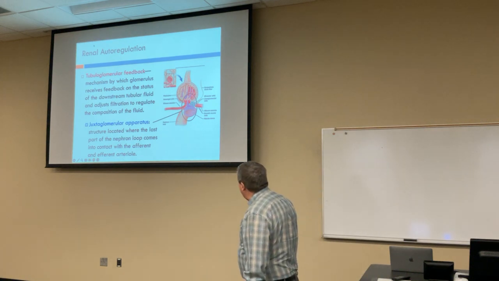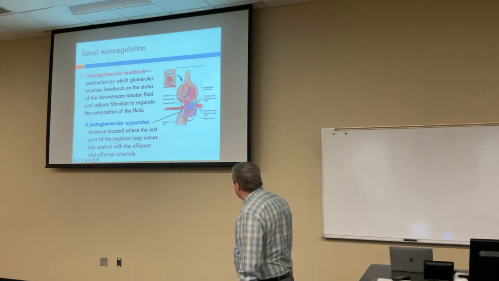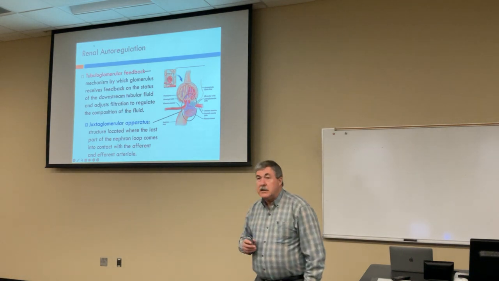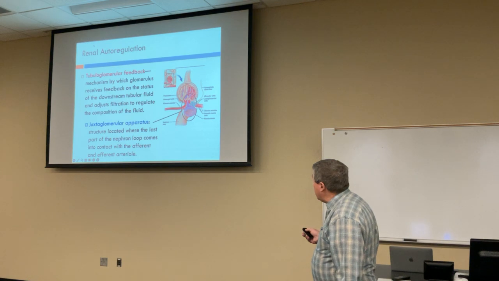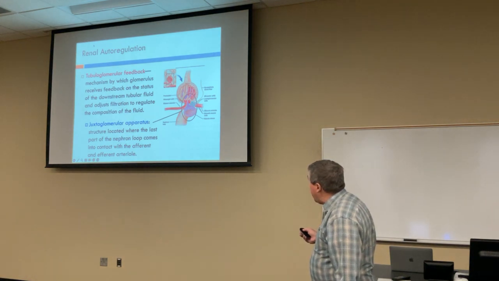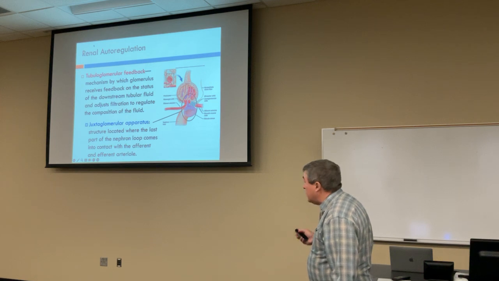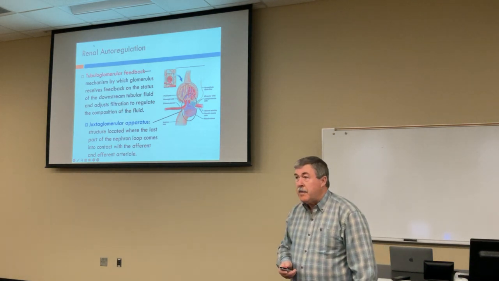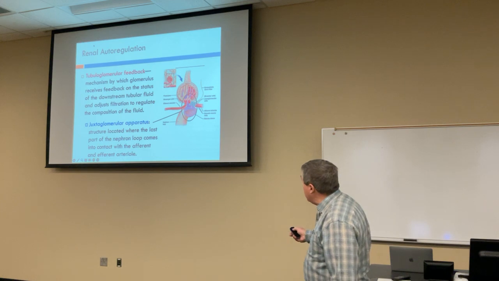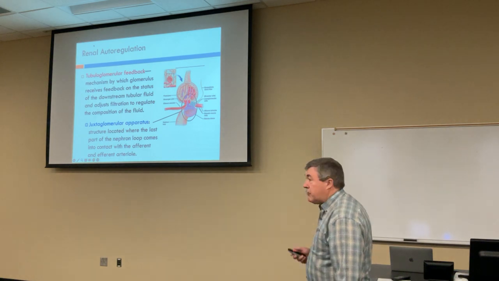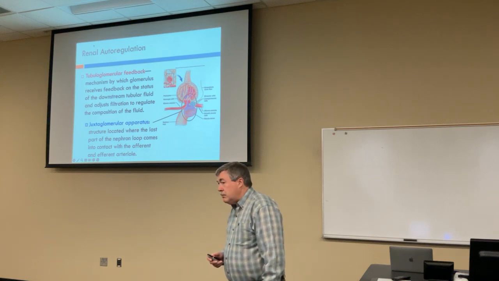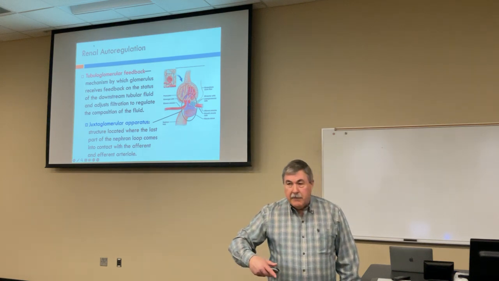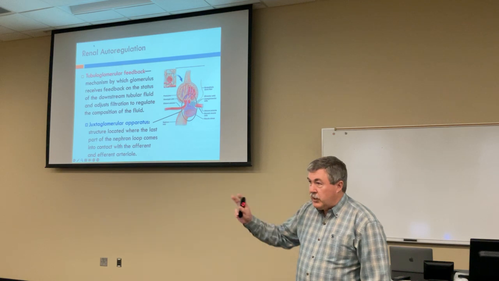And those cells right here that are a little bit longer than the other ones, that's called the macula densa. Okay? And what the macula densa does is it actually monitors the composition of the filtrate that's passing through that part of the nephron. And it monitors the flow rate of fluid.